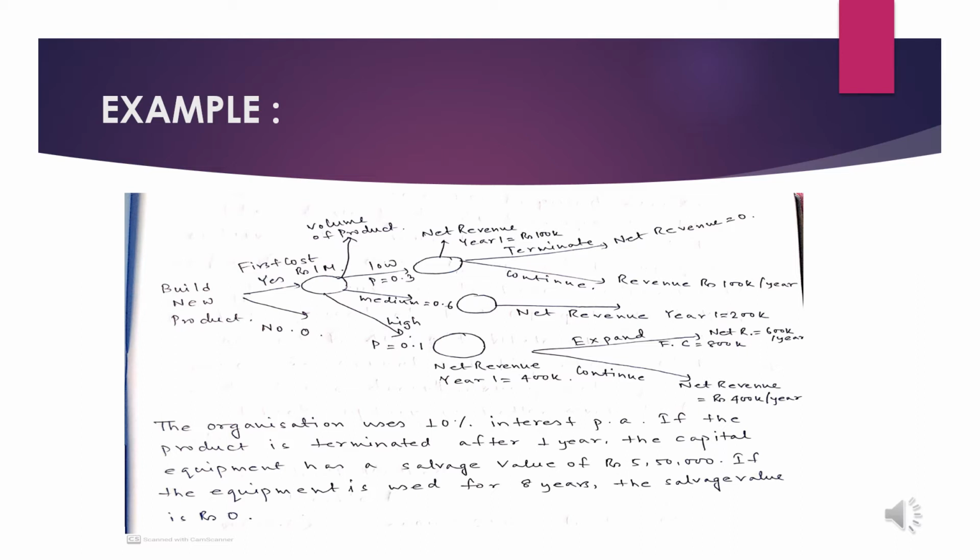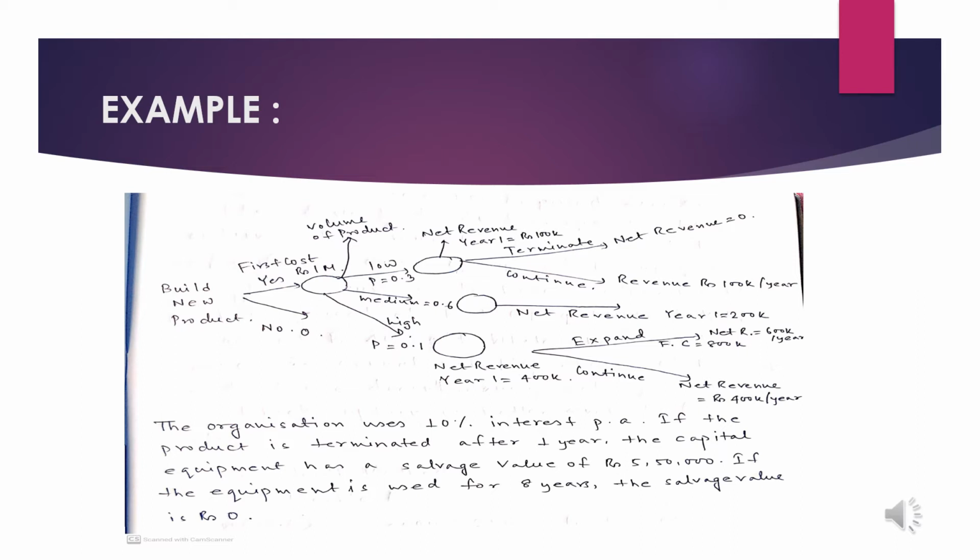Here the organization either wants to expand or wants to continue with the current scenario. If the organization wants to expand, there is a first cost involved which is 8 lakh, and after that fixed cost, the net revenue the organization is getting is 6 lakh per year. But if it continues in the same model, the net revenue works at 4 lakh per year.